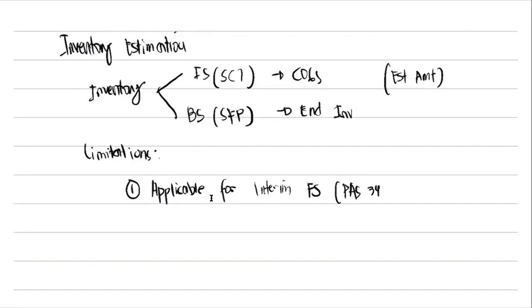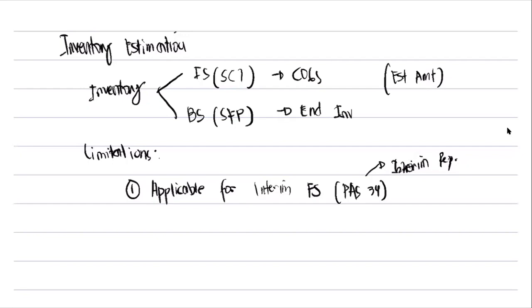It is PAS 34, known as interim reporting, or interim financial reporting. I don't know the title, I forgot. PAS 34, interim reporting or interim financial reporting. Okay, so again, interim FS is used solely for statements not covering a 12-month or annual period.